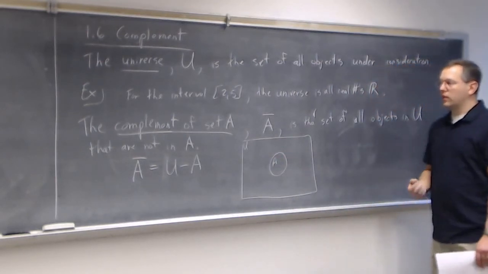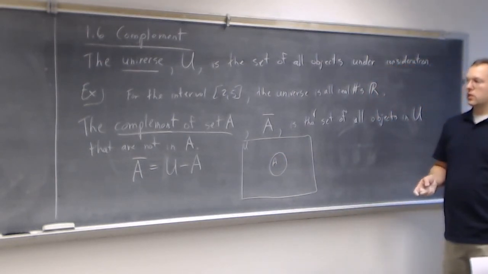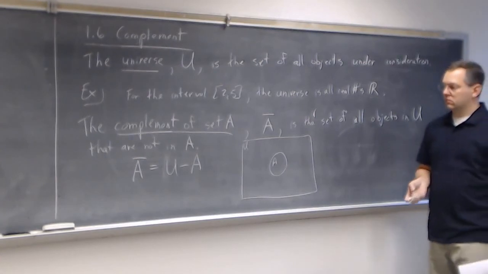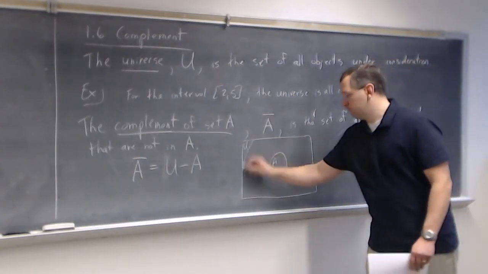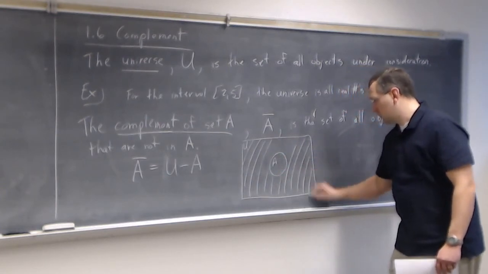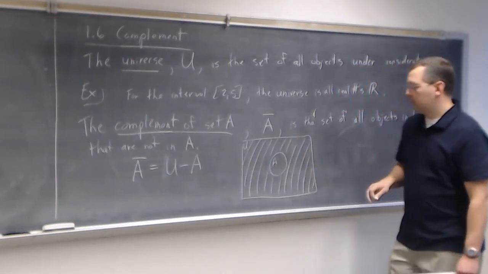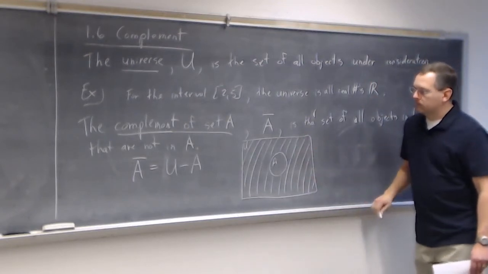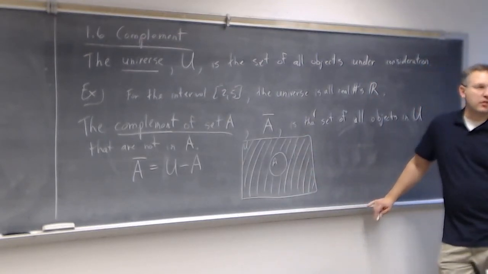Where would all the elements that are in the universe but not in A be? Shading everything around A. So that would be the Venn diagram for A complement.